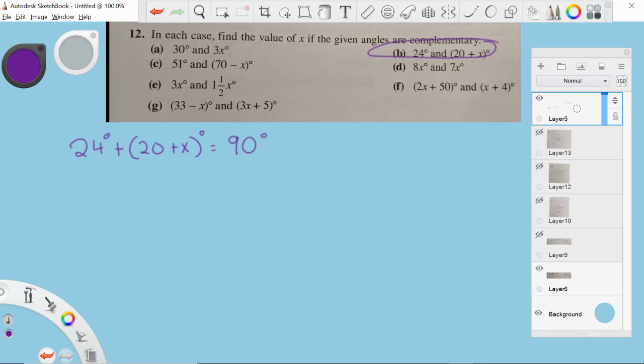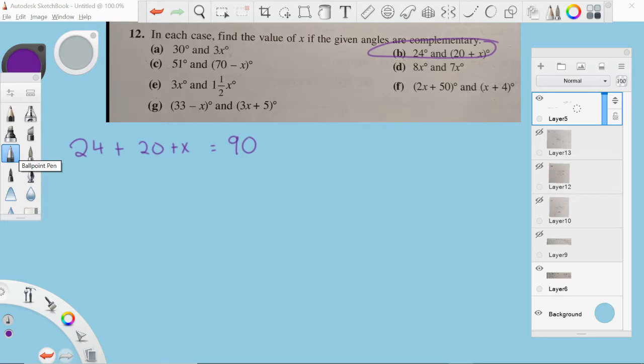Let's combine our like terms. When you have a plus sign in front of the parentheses, you can just get rid of the parentheses. You don't actually need them. Also, we don't really need our degree symbol.